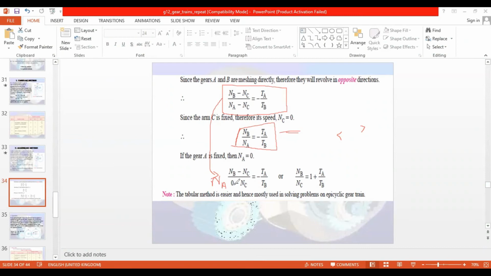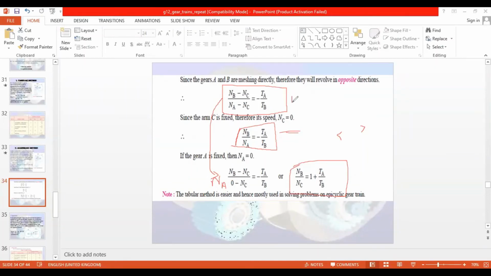Here I have minus NB upon NC; if I take it to this side, I will have NB upon NC. Here I have TA upon TB, I will take it here, so TA upon TB plus 1. So 1 plus TA upon TB. If NA is fixed, then this is going to be the equation. If NC is fixed, then this is going to be the equation.